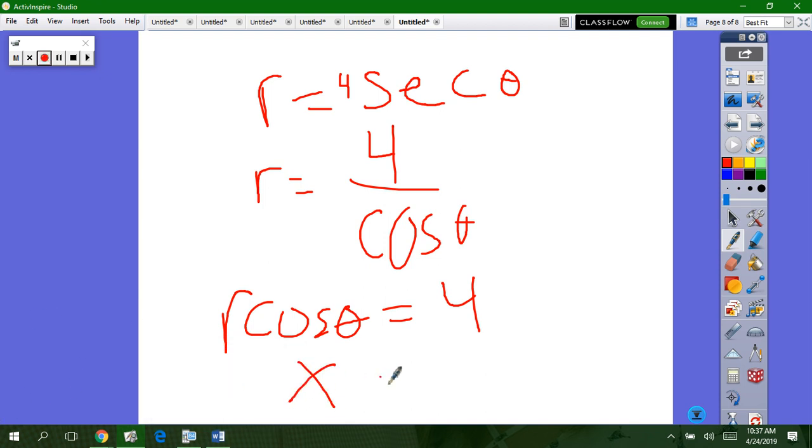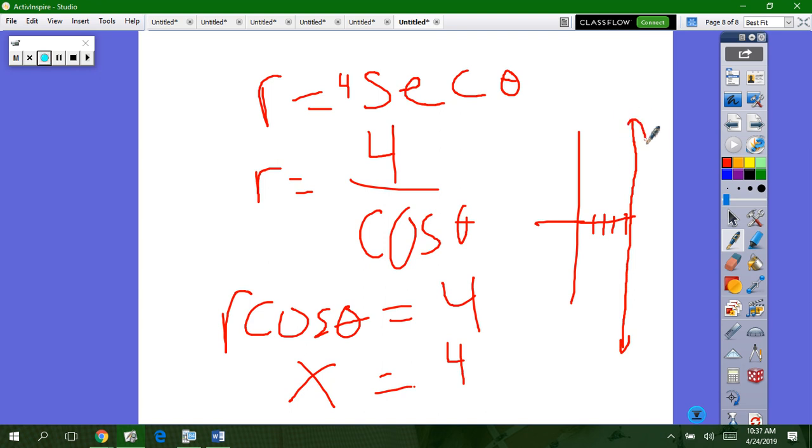X equals 4. Isn't that a line? It would look just like that. If I plotted values into r equals 4 secant of theta, it would just be a straight line. Okay? Notice I went from polar to rectangular.